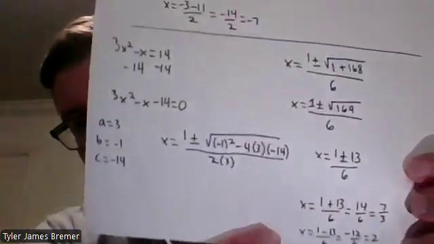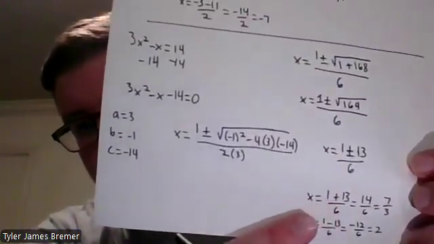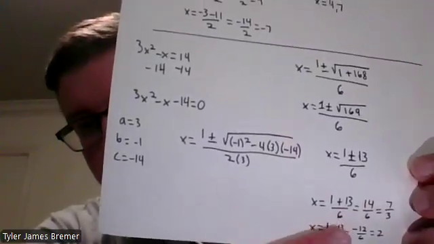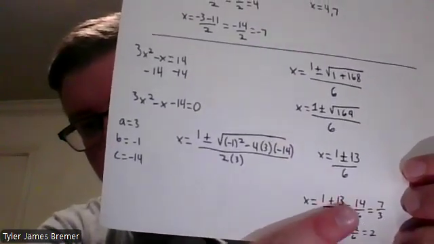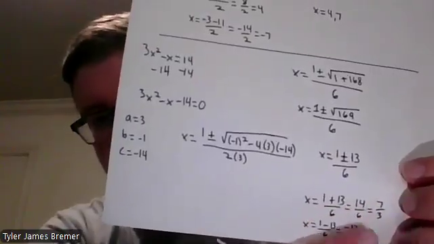That's what I did down there. So the plus at the top, minus at the bottom, and then just simplify. 14 divided by 6 ends up being 7 over 3, or like 2.333. So your solutions for that are x equals negative 2 and 7 over 3.